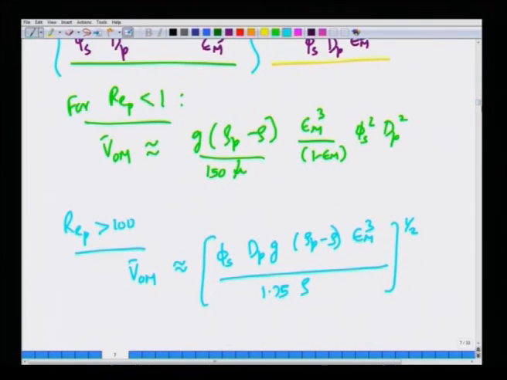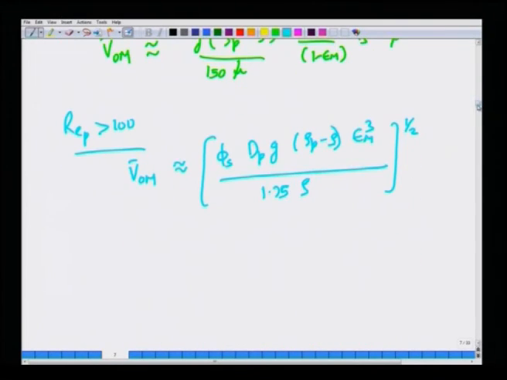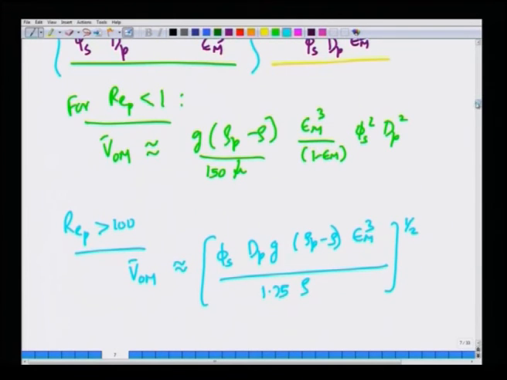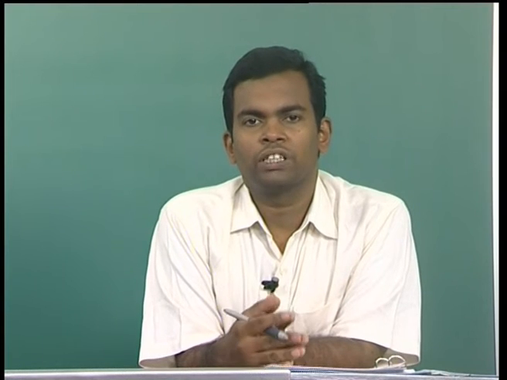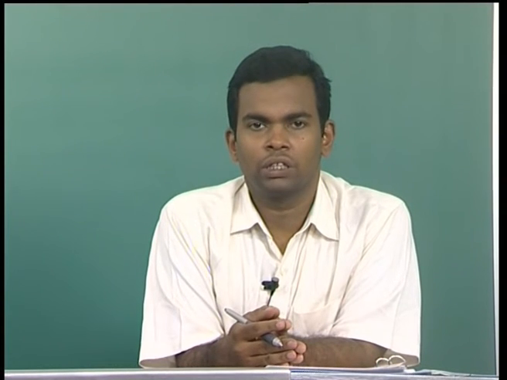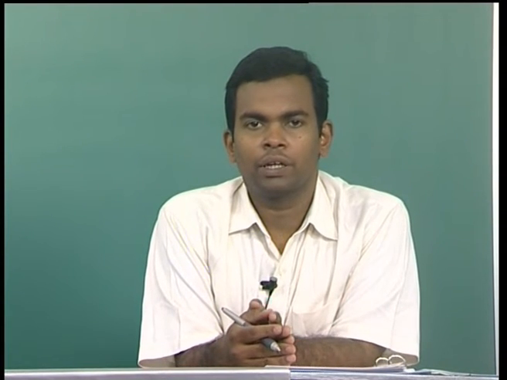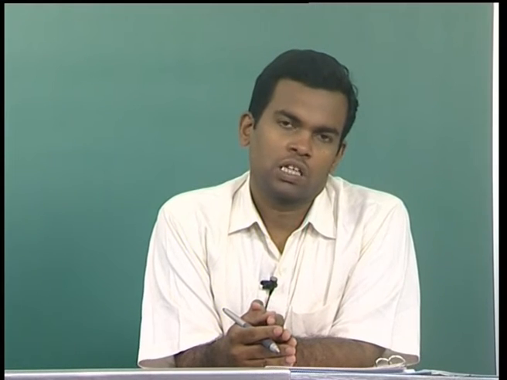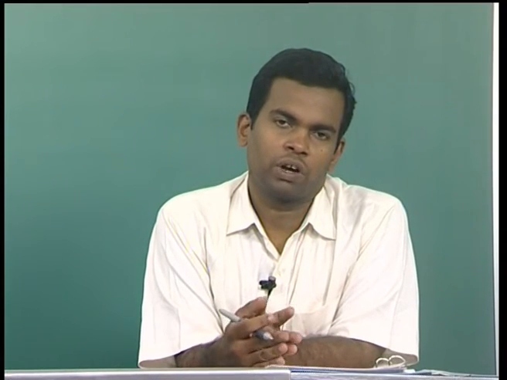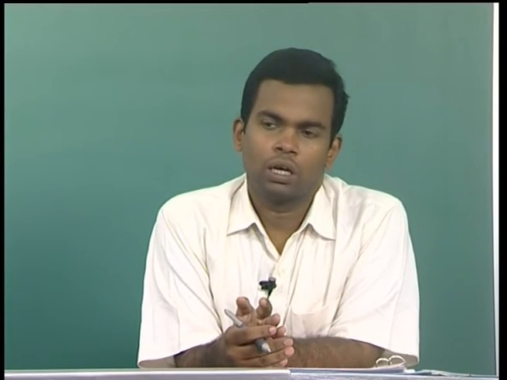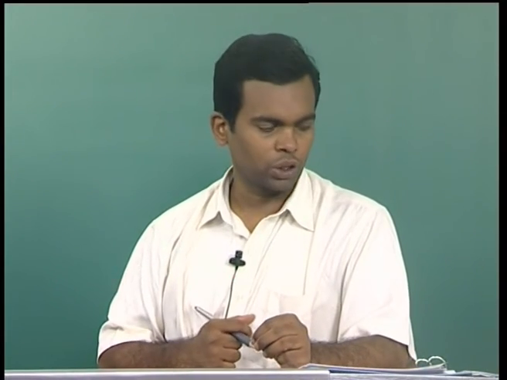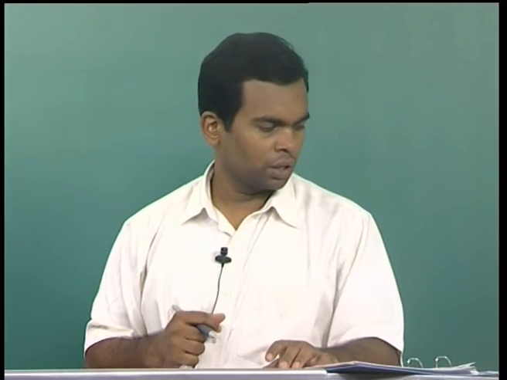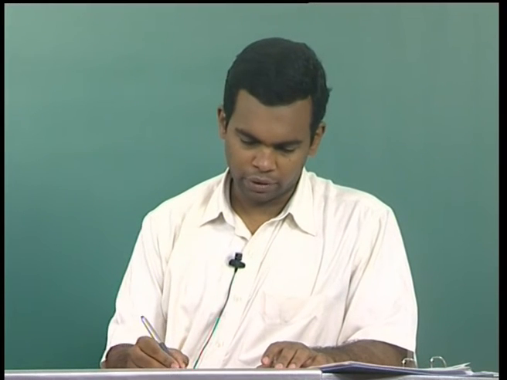Now, these are the onset velocities for fluidization at both low and high Reynolds numbers. So, we now know how to estimate the minimum fluidization velocity for a fluidized bed. When the particle Reynolds number is small, of the order of 1 and smaller, we can use the relation wherein V0m is directly proportional to, well, we will just write down the expressions again.